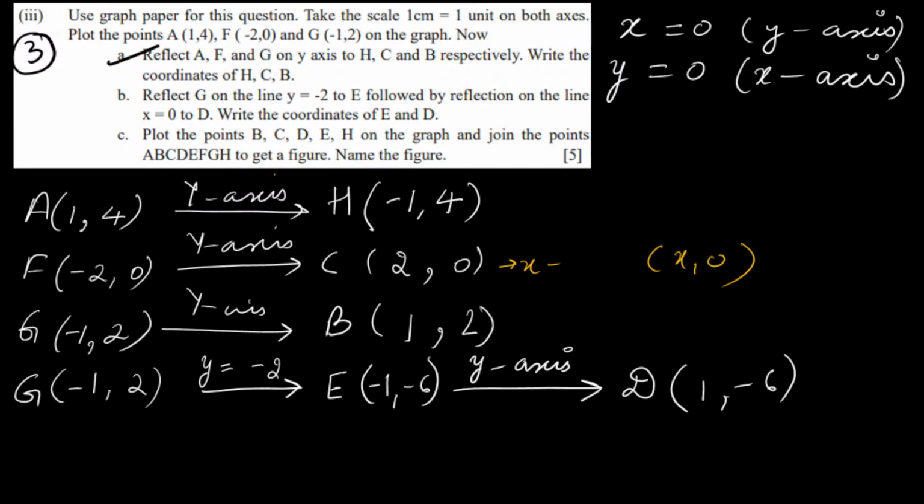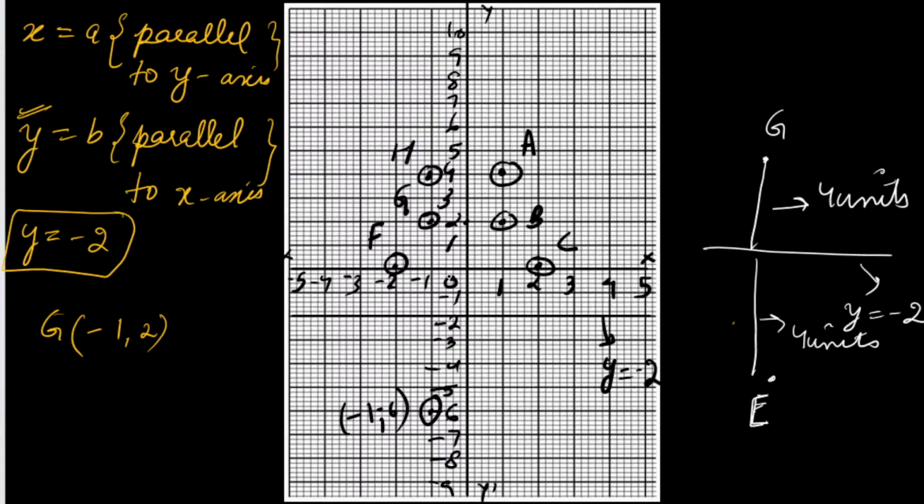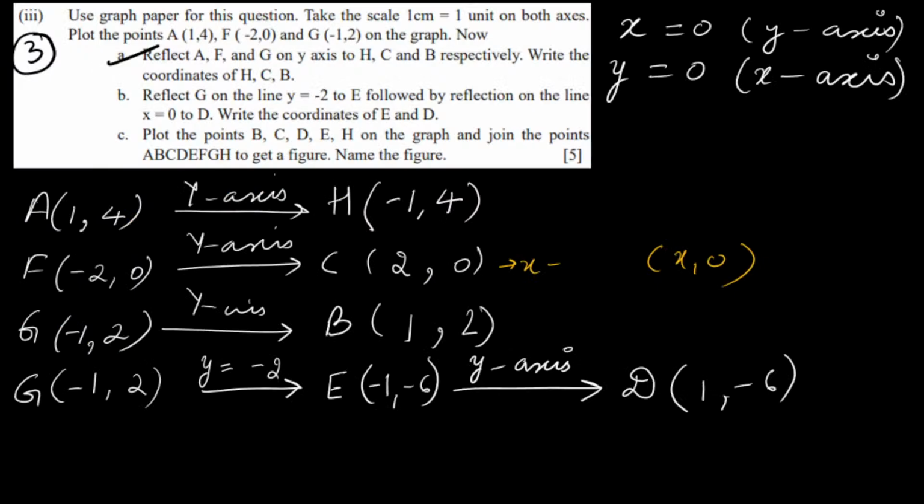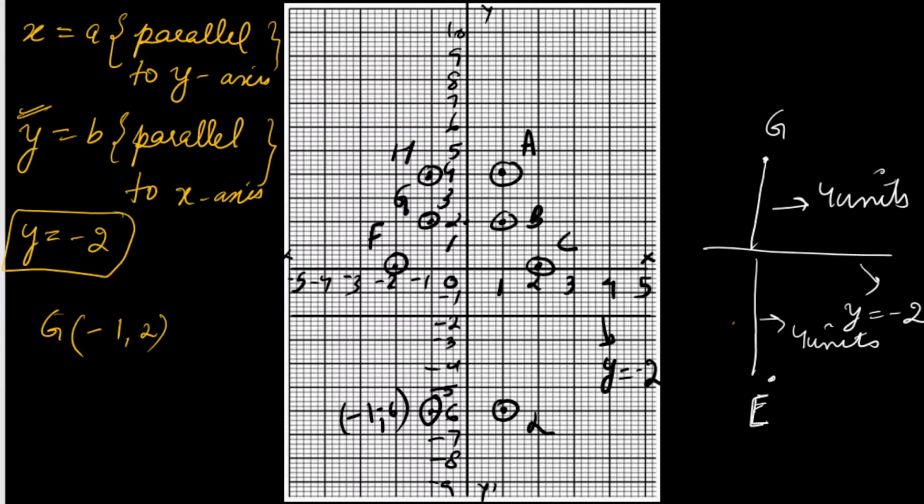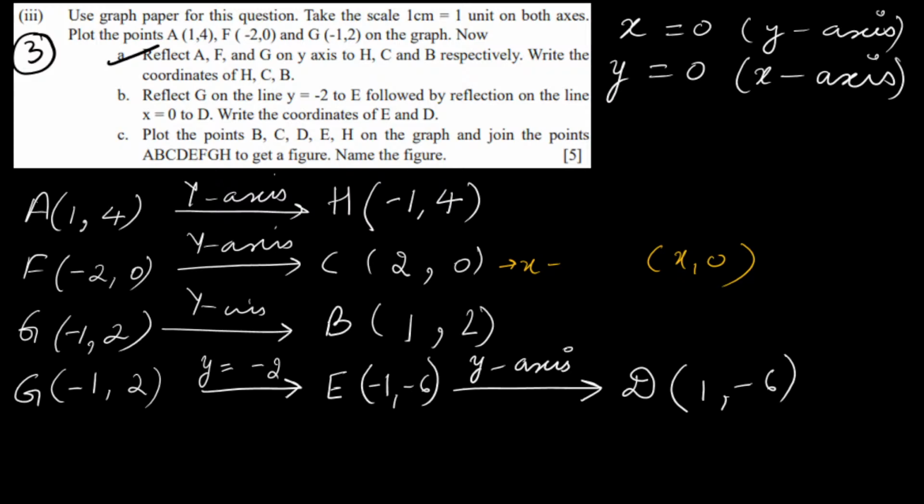So these coordinates we got: 1 comma minus 6. Here you can plot this point. This is point D. I have written all the points now, whatever points are mentioned.